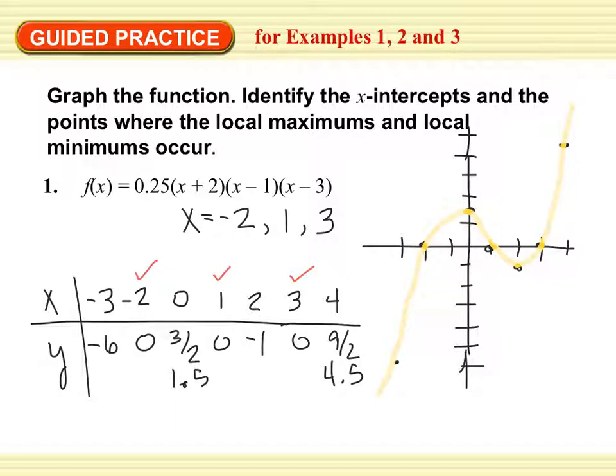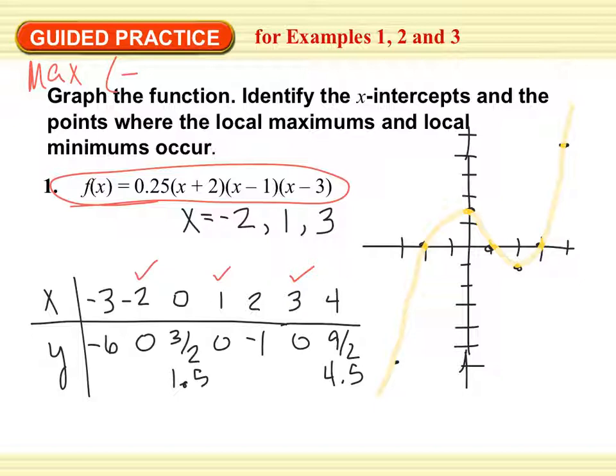I forgot to include where my local maximas and minimas are. I had to put it in my graphing calculator to find that. So my maxima is going to be at -0.79 and 2.1. And really, if you're putting it into your calculator, you can totally do that t-table also without actually crunching any numbers.